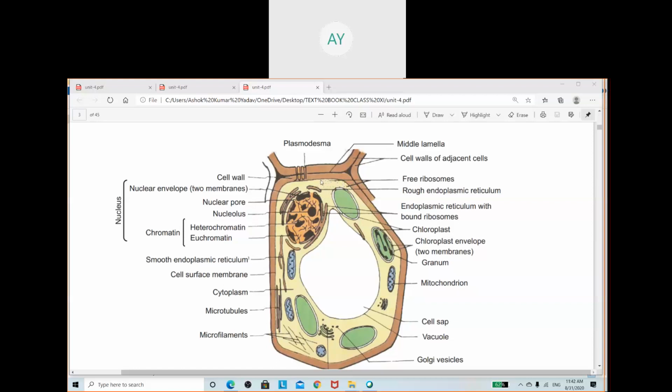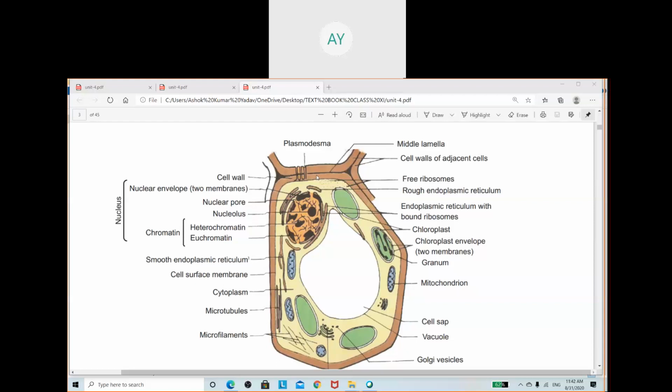Now you know the boundary of the cell is the plasma membrane or cell membrane. The cell wall provides the shape of the plant cell or bacterial cell. Cell wall is generally present in plant cells and bacterial cells.